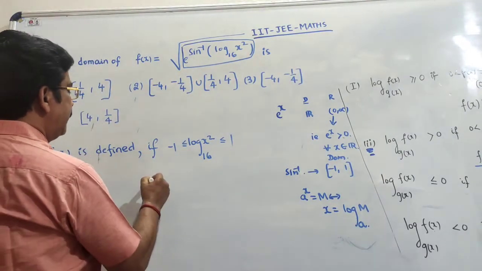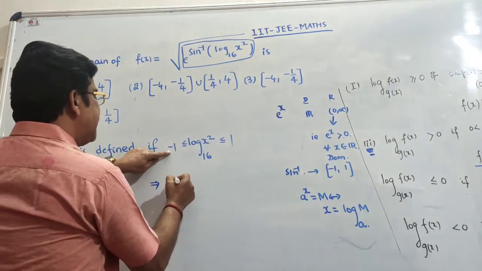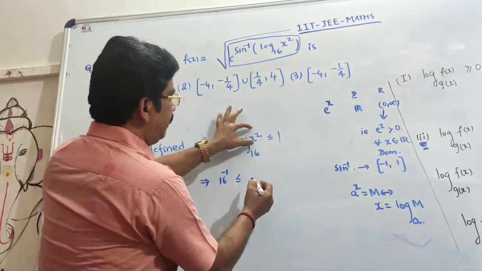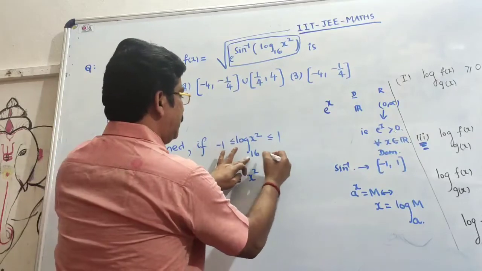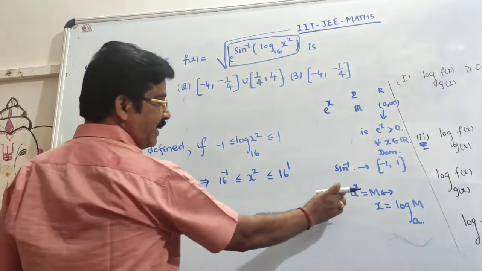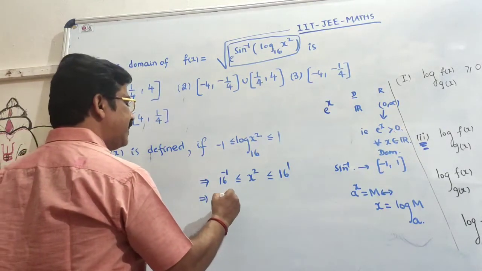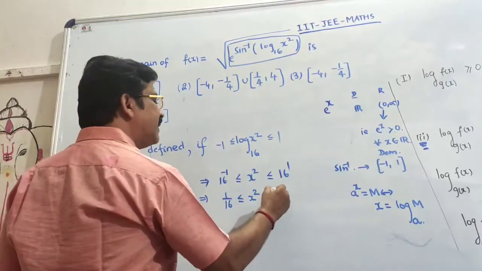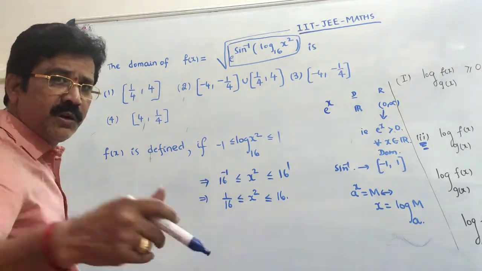According to this we can write 16 power -1 less than or equal to x square less than or equal to 16 to the power of 1. I am writing it in a power x form. So that implies 1 by 16 less than or equal to x square less than or equal to 16.